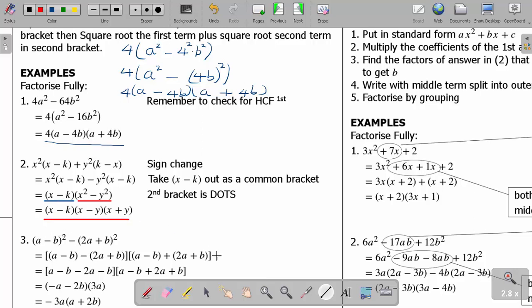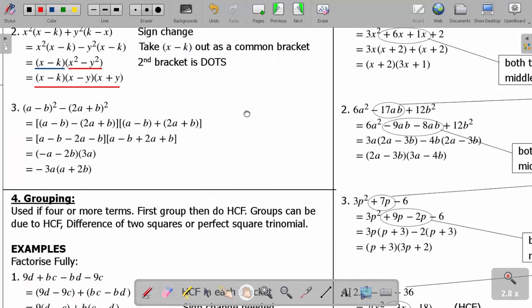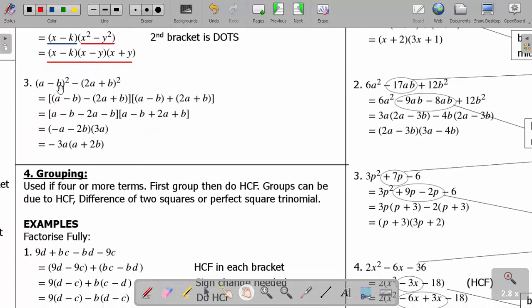Then another example here. We have a minus b bracket squared minus 2a plus b bracket squared. If I expand this one here, what do you see? Because of the square, I am going to get the square root of each.